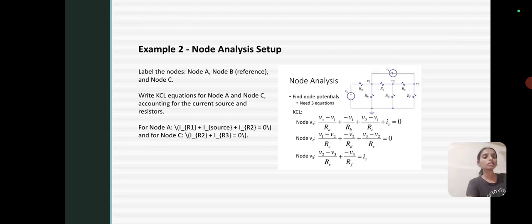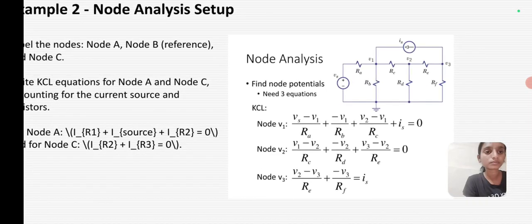We have to apply the KVL rule to find the final answers. Node V1 will be considered as V1 node. Vs minus V1 by Ra plus minus V1 by Rb plus V2 minus V1 by Rc plus Is, which is equal to 0.